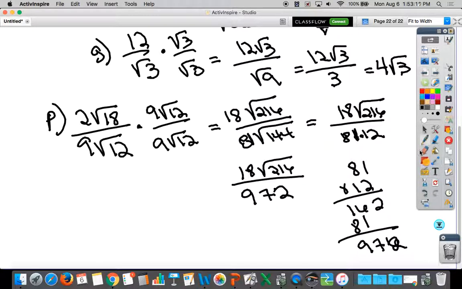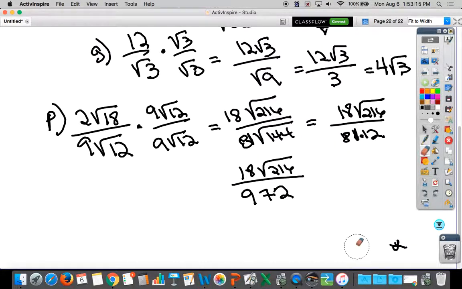Now, what do you think we need to do here? And you're not going to have one this hard tomorrow, I promise. What do you think we need to do? Divide 972 by 18 to see if you can. Yeah, let's see if we can get rid of that.